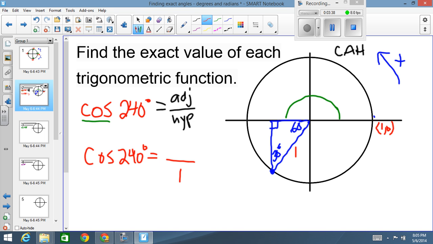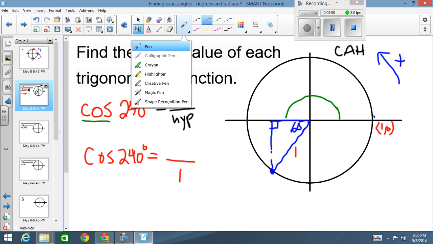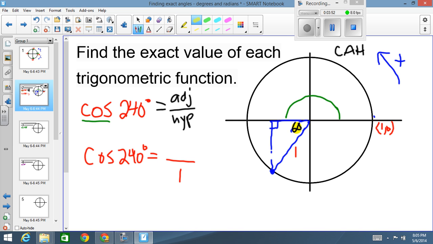But I need to know this adjacent side. Now I want you to keep in mind, although I put the 30-degree angle in there, this 60-degree angle here, that's our reference angle. That's the one we're actually working with here. Alright, so I want the side that's adjacent to that.